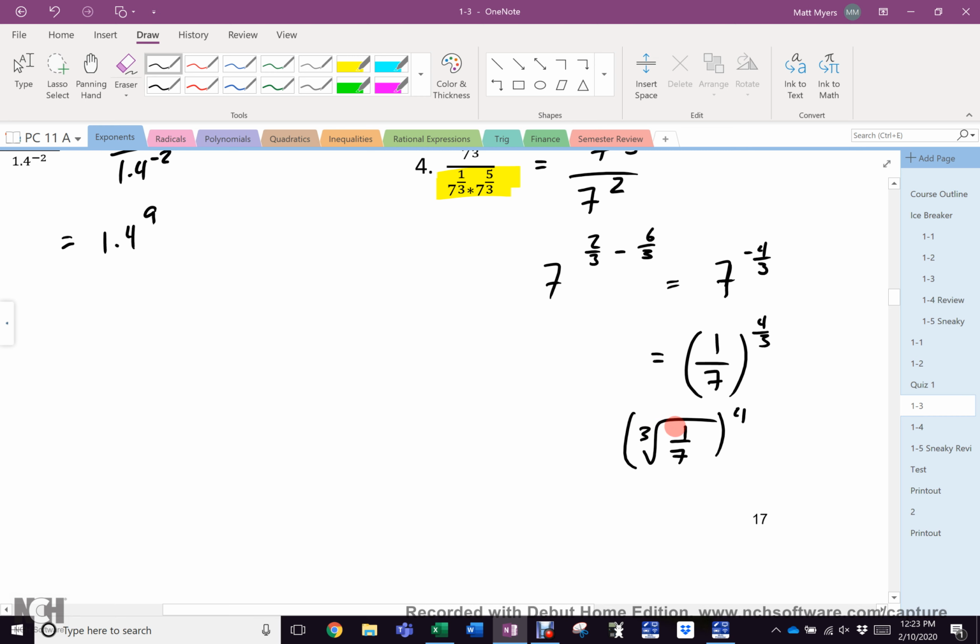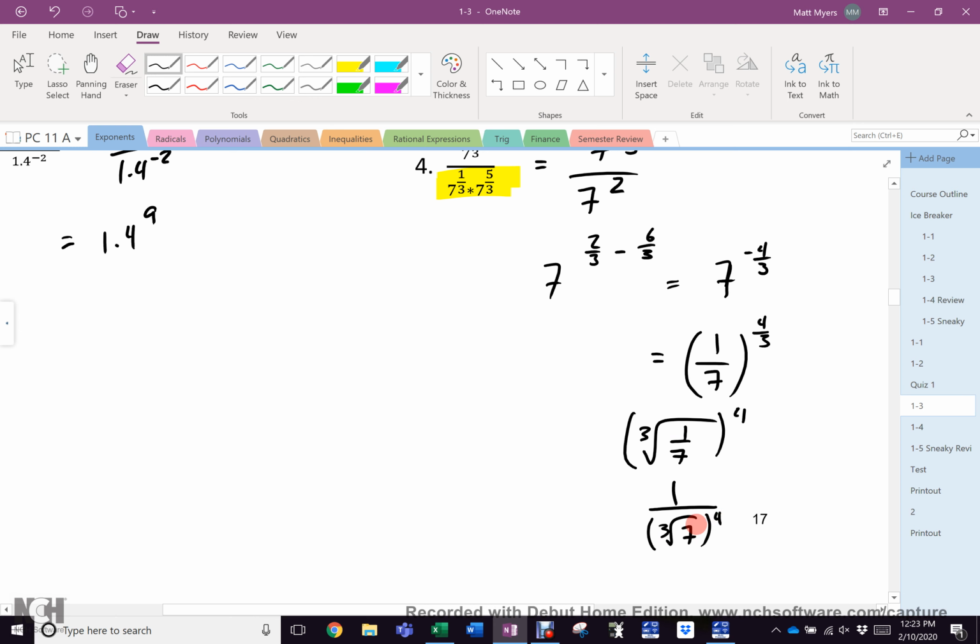Does 1 have a cube root? Okay, so the cube root of 1 is 1. What is 1 to the 4th power? 1! 1 times 1 times 1 times 1! 1 over the cubed root of 7. And that, at the bottom, would be the 4th power.